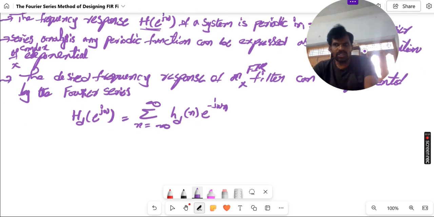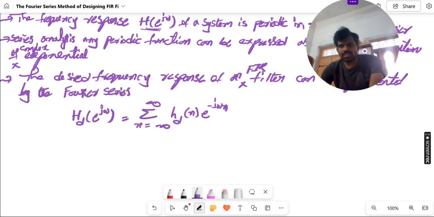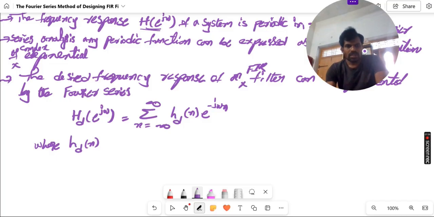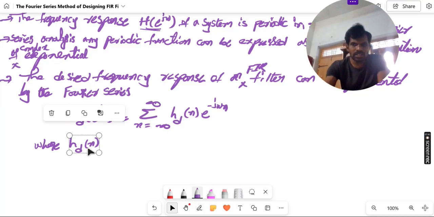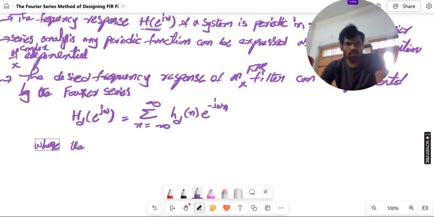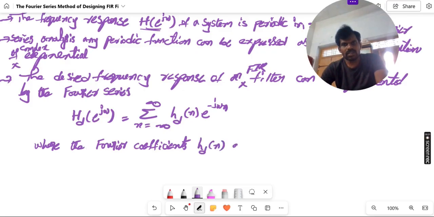Here capital H is the frequency response, and small h d is the desired impulse response. Where the Fourier coefficients h d of n are the desired impulse response.